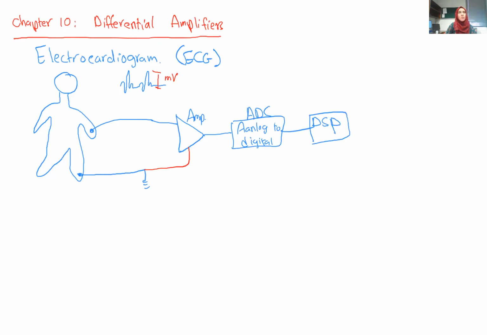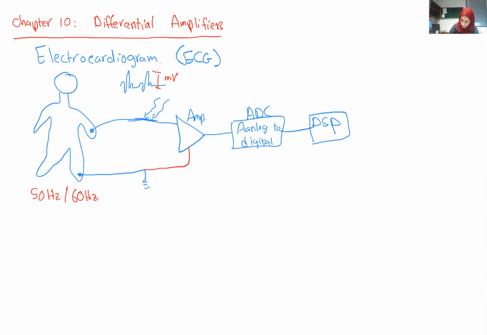When you put the patient in place to measure their signal, they are in a room and you have electrical wires everywhere. This connection can pick up signals from these wires, they can couple, and you will have noise coming into this line. One example of this noise is the 50 hertz noise, or in the US and other parts of the world, sometimes 60 hertz, that can couple to your signal.